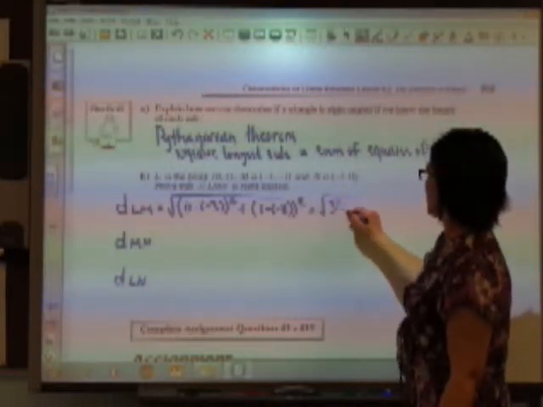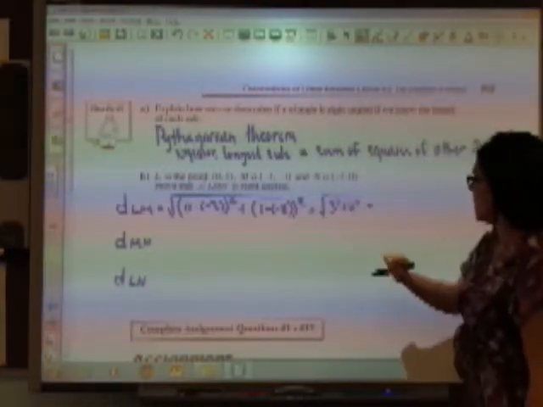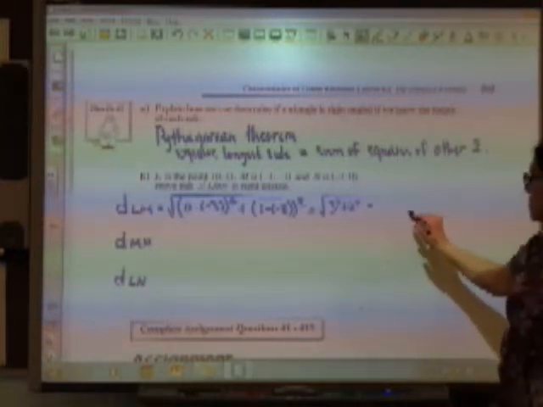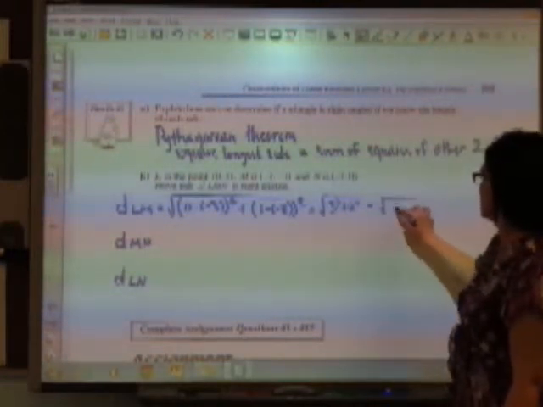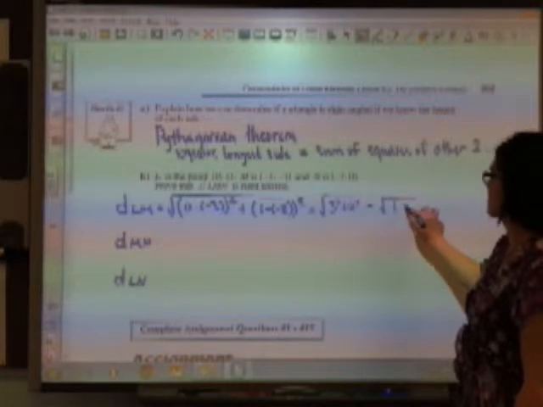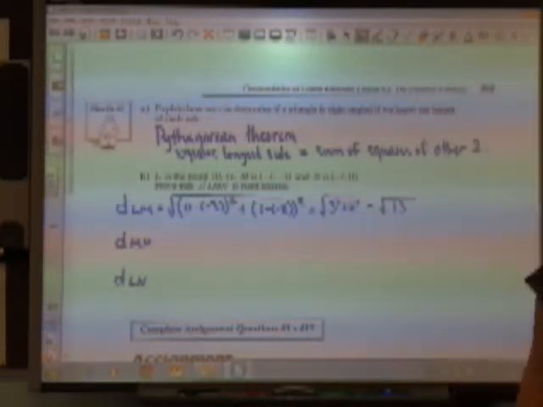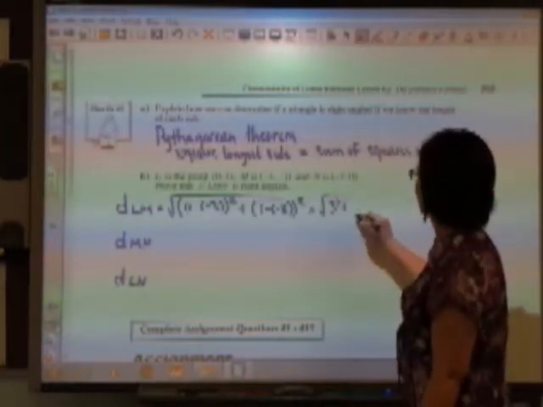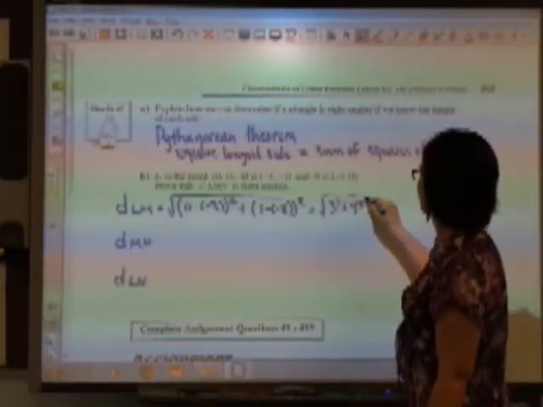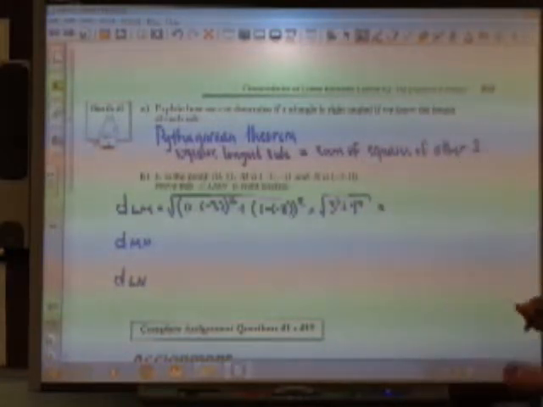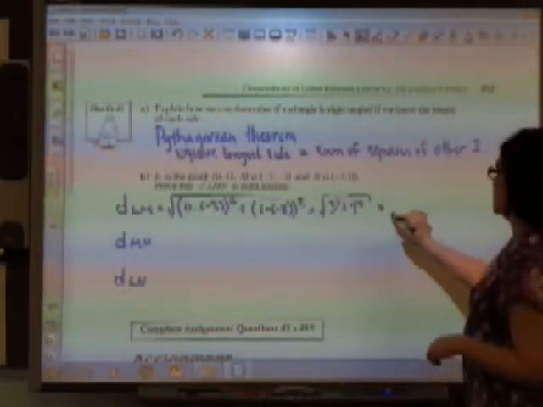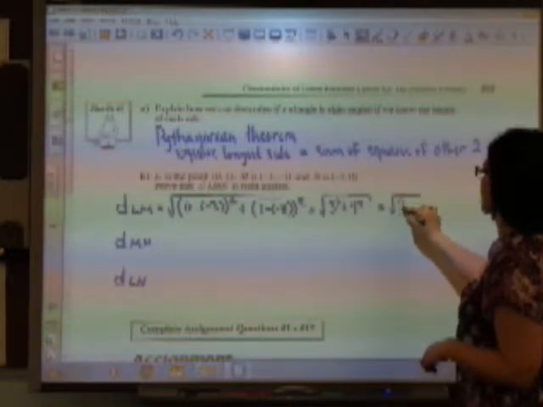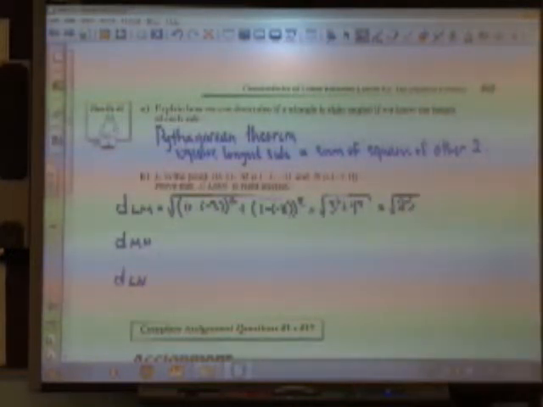So 3 squared plus 2 squared will give me the square root of 13. So then I get 9 plus 16, which would be 25. So square root of 25 is 5.